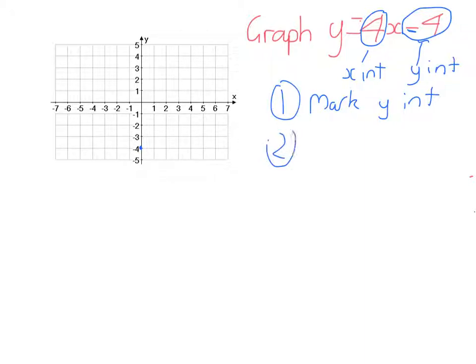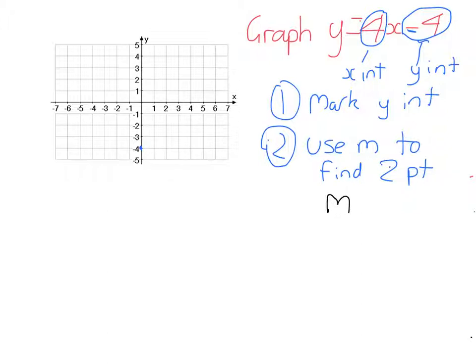Secondly, we use gradient, which is m, to find a second point. Okay, so we use the fact that m is the rise over the run. So here, m, the gradient, as we know, is 4. So m equals 4, but that's also the same as 4 over 1.